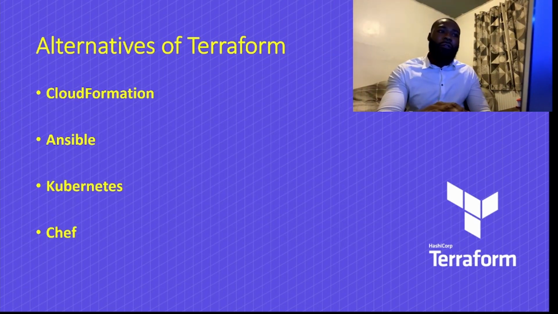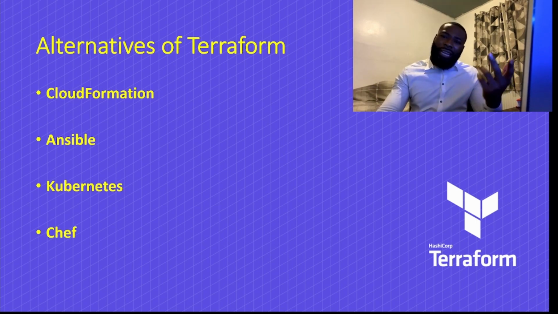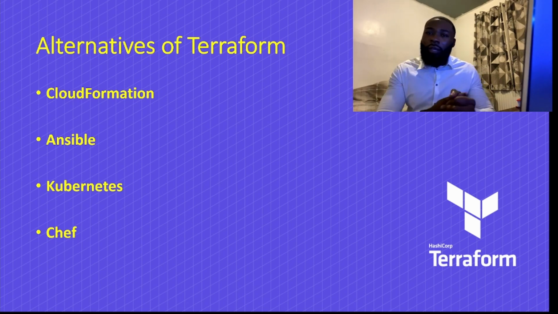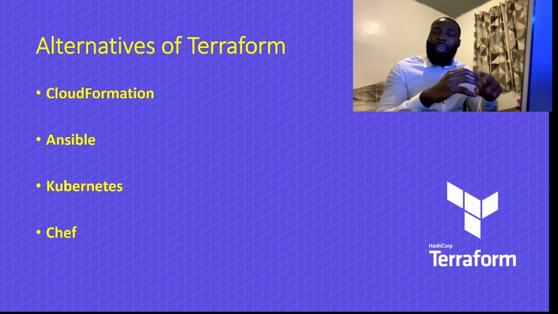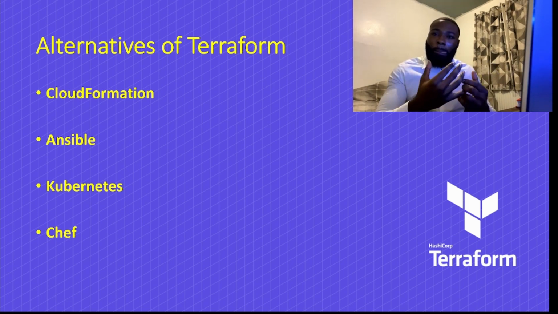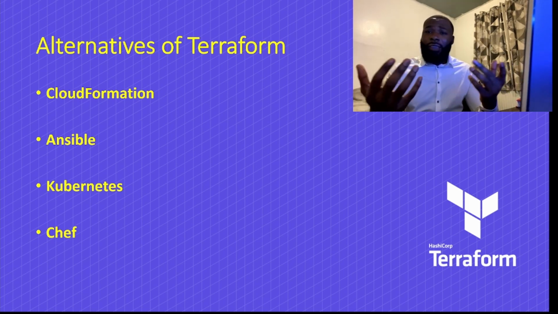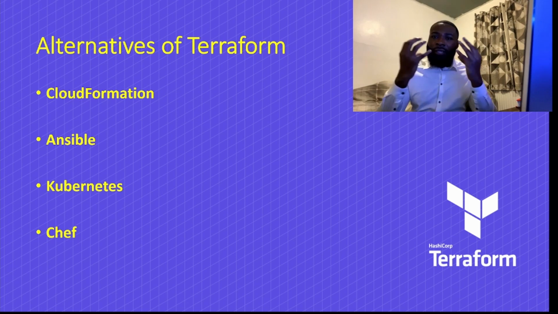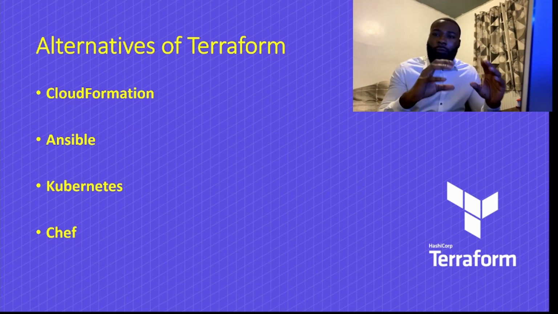Now, in terms of the alternatives to Terraform, the first one I've already mentioned, which is CloudFormation. CloudFormation is an alternative to Terraform, but you can only configure infrastructure within AWS. So once you're using CloudFormation, you firstly need an AWS account, and all the infrastructure you're using is specifically for AWS.